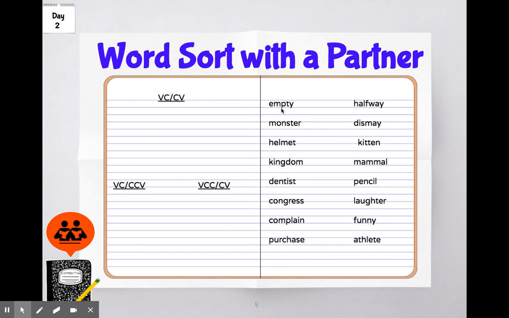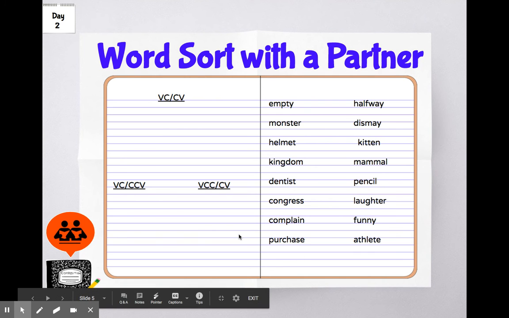So empty, I would split it after the P and before the T. So then I'd have a vowel, consonant, consonant, split, and then consonant, vowel. So it would go down here because of where I split it. So you try these other ones and see how you do.